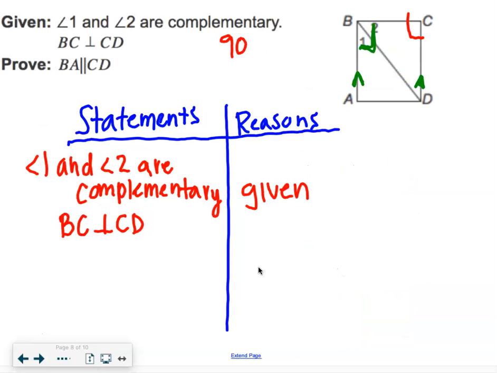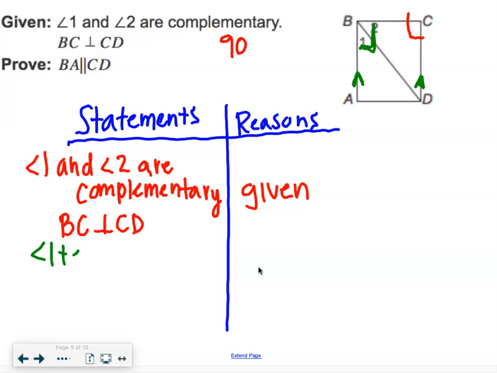So what would be a good next move after our givens? If I want to show that angle B is a right angle and angle C is a right angle, what would I say next? AB is perpendicular to BC. Yep, I'm going to say that, but I probably have to say that angle 1 and 2 equal what? 90, because definition of complementary.